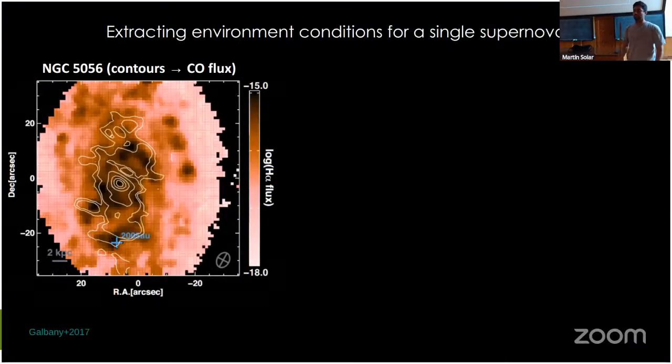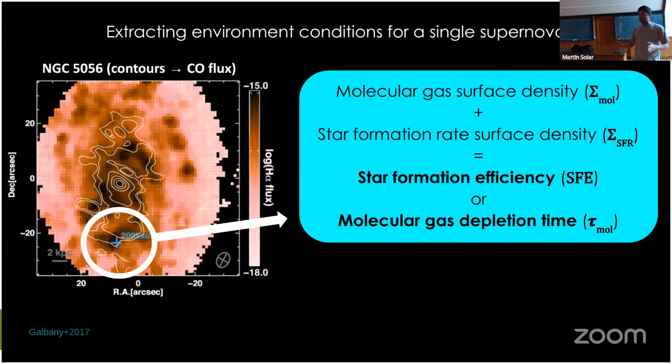So here we have a spiral galaxy, color-coded by H alpha, and the contours represent the carbon monoxide flux. Here we have a supernova that exploded, so we can extract the environmental parameters, taking the pixel position of some regions, and that way we can understand the progenitor channels of the supernova.